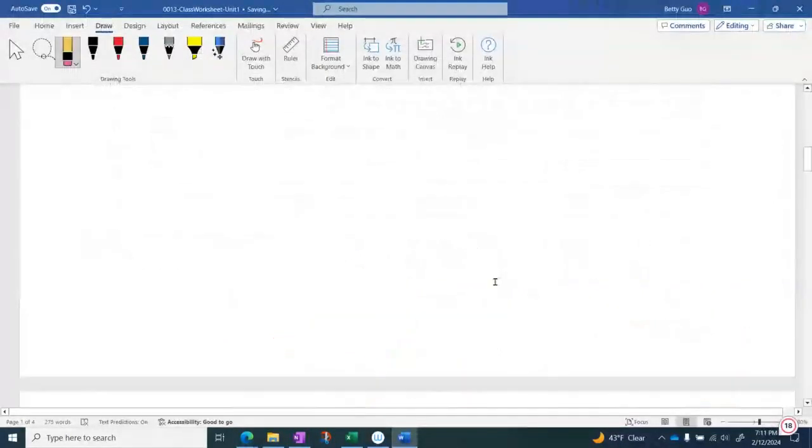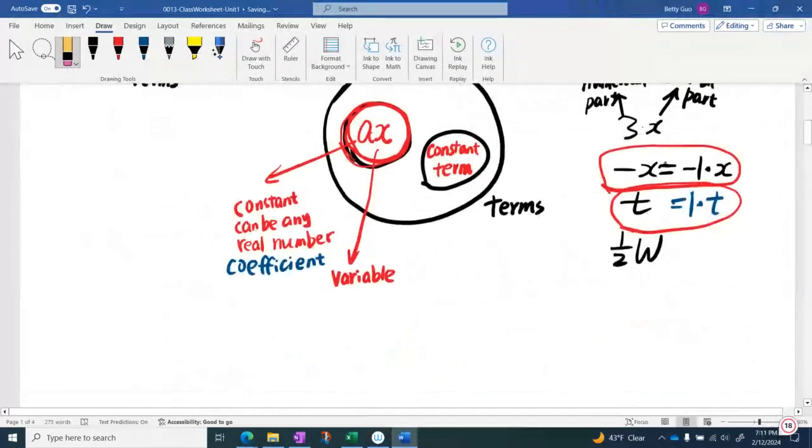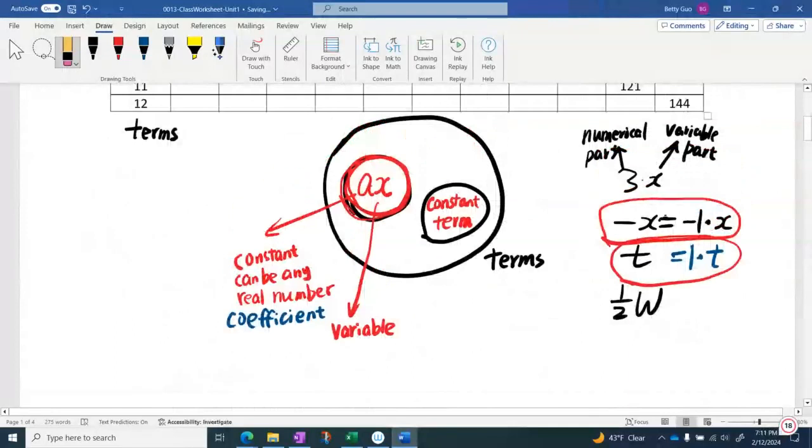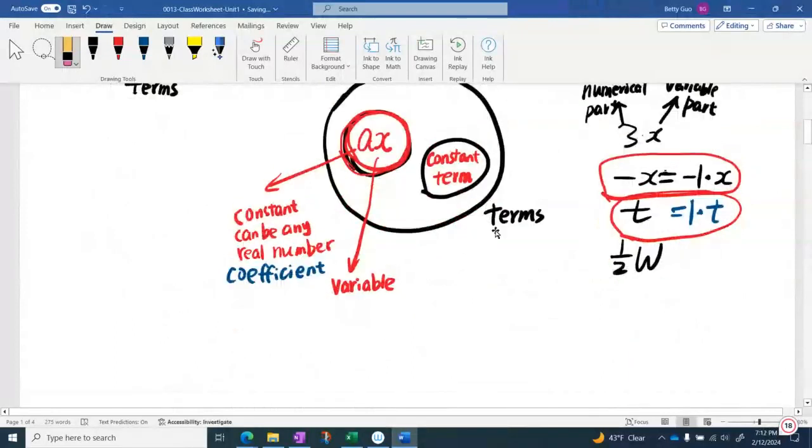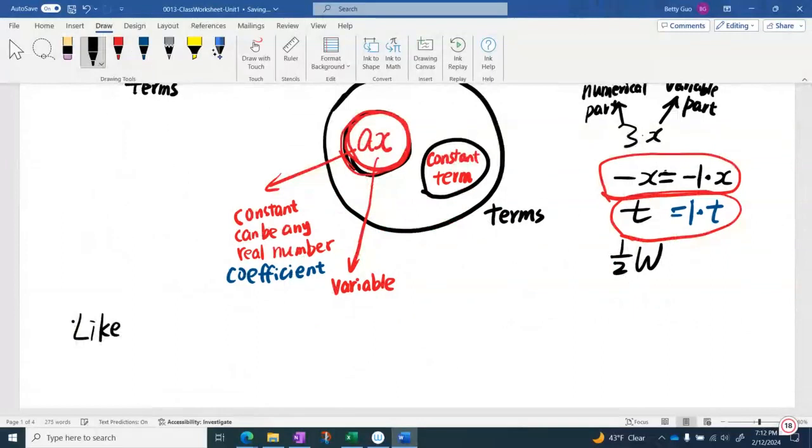After talking about terms, the next thing I want to cover is like terms. I'm going to write down the definition, okay?